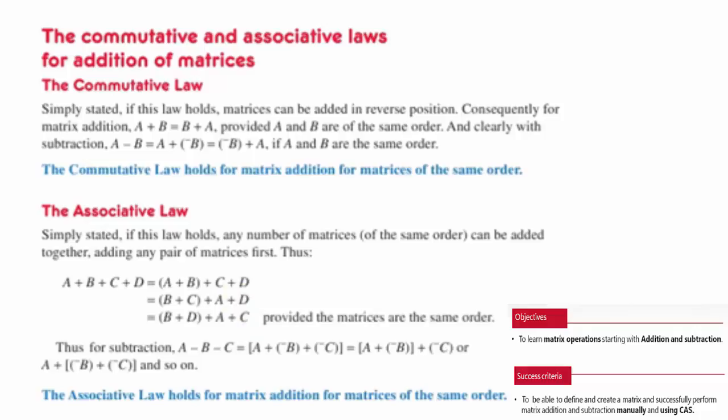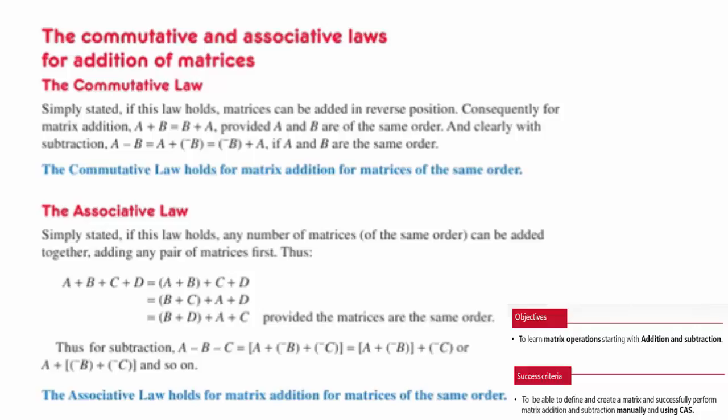So if the law holds, a number of matrices of the same order can be added together, any pair of matrices first. Okay, so you can do it in any order and it should give you the same result. And the associative law for matrices holds. So you can do it in any order. And for subtraction, remember if we say a minus b minus c, it's the same as a plus, open bracket, minus b, then plus minus c.